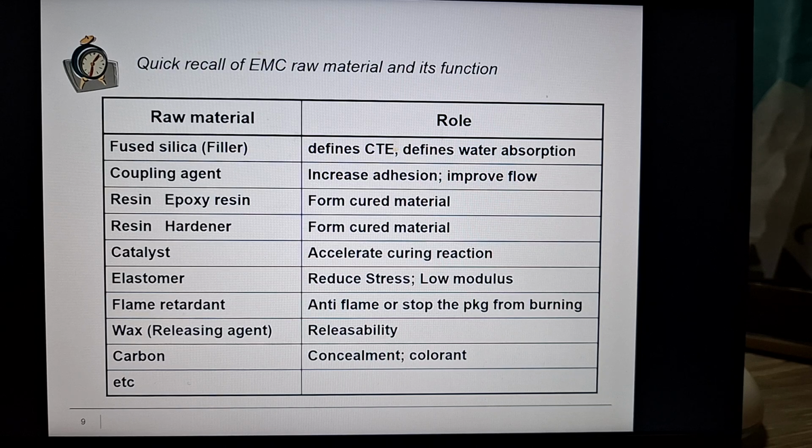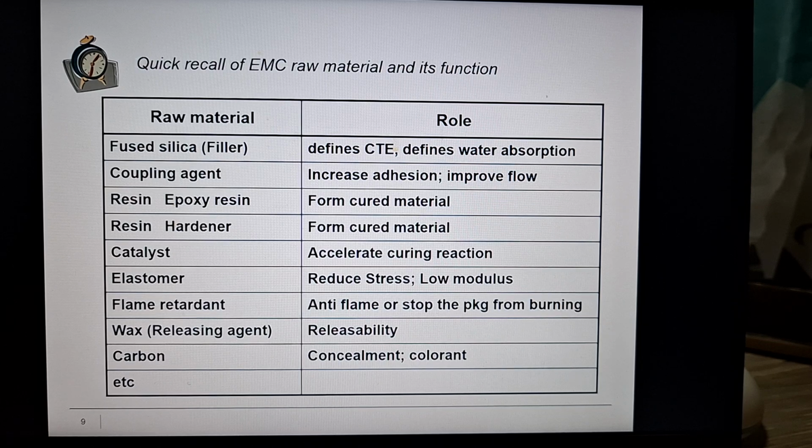Somebody asks why EMC is black. In the very basic physics study, when you are listening to your teacher back in your physics class, they say why are you wearing black, or why black is good in terms of thermal control. The endothermic and exothermic property of black helps to explain why black is very important in electronics packaging.